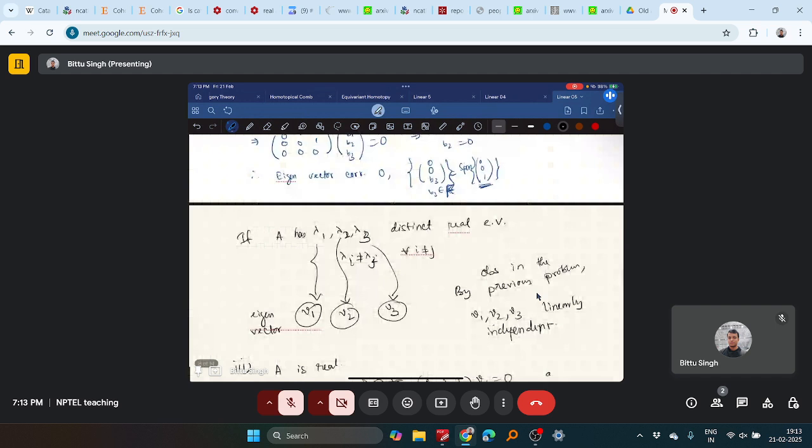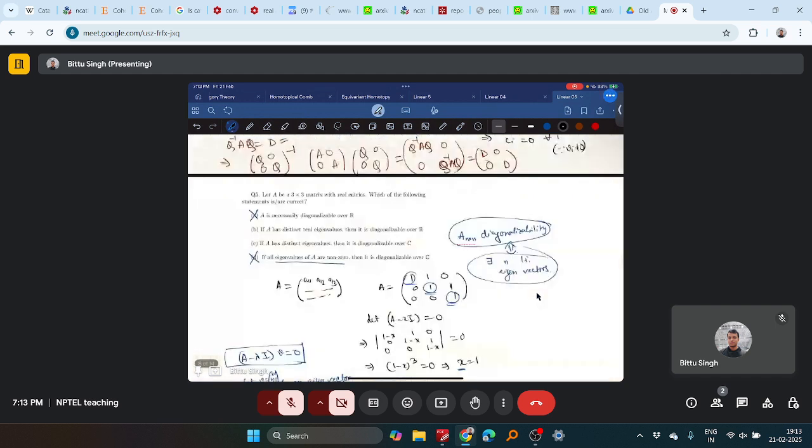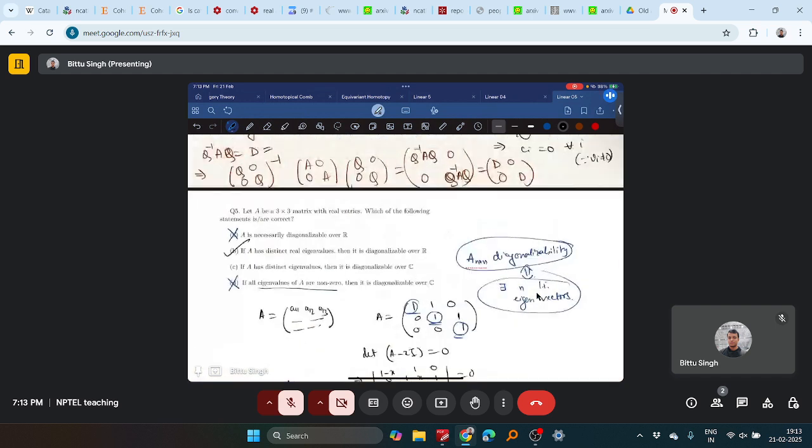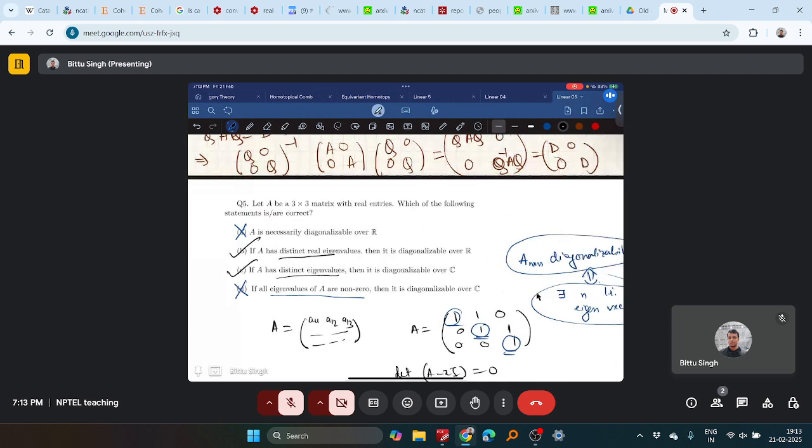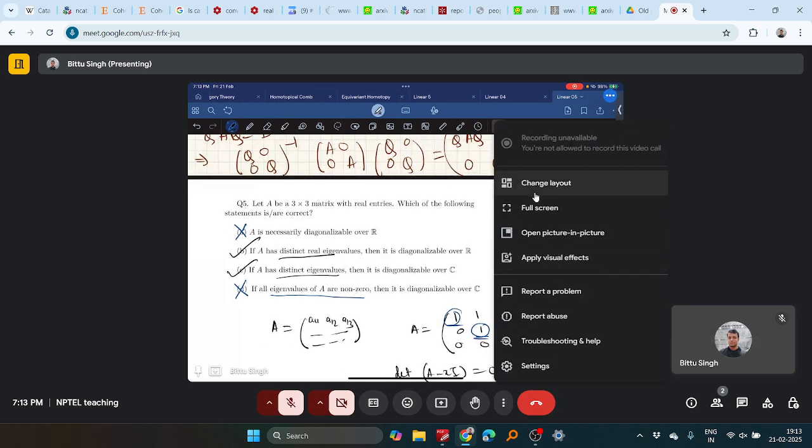So if A is real, then this is true. A is real and has distinct real eigenvectors. From those two things, we can conclude that this is diagonalizable over R. And C is already correct because we have already said that A has distinct eigenvalues. There are three distinct eigenvalues, so we have three distinct eigenvectors also. Therefore, it is diagonalizable. So C is also correct.